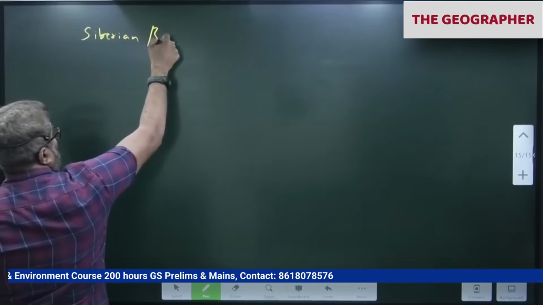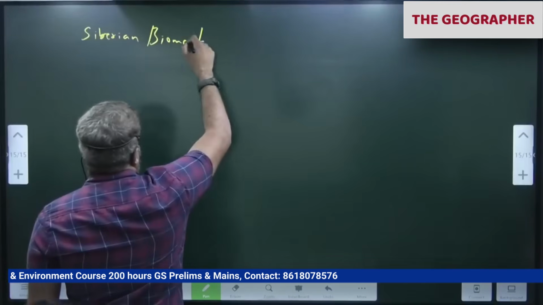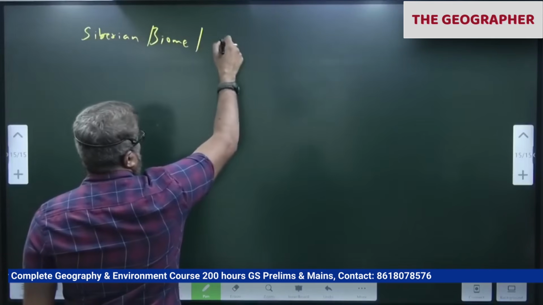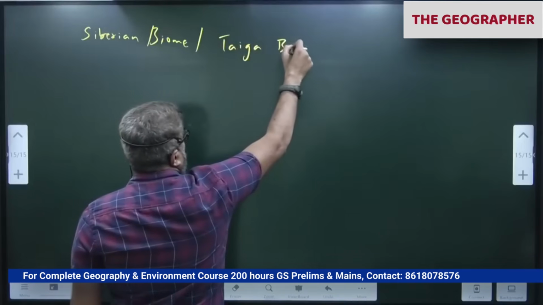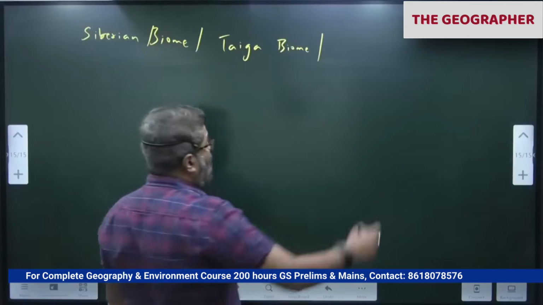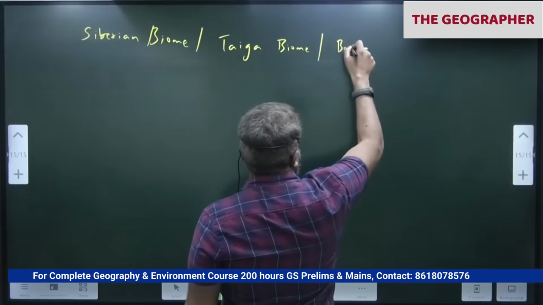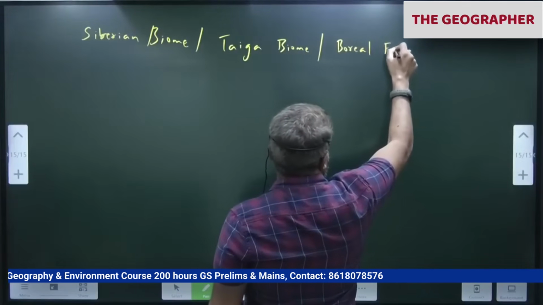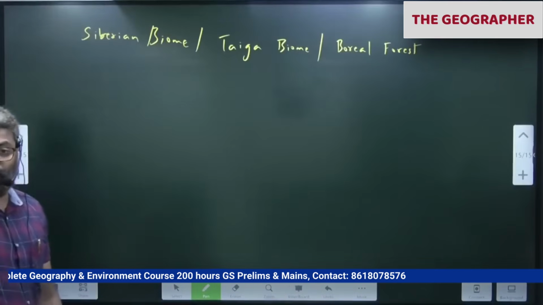Siberian biome. Taiga biome. This is found only in the northern hemisphere. So the name boreal biome, boreal forest biome, because this taiga forest is found only in the northern hemisphere.